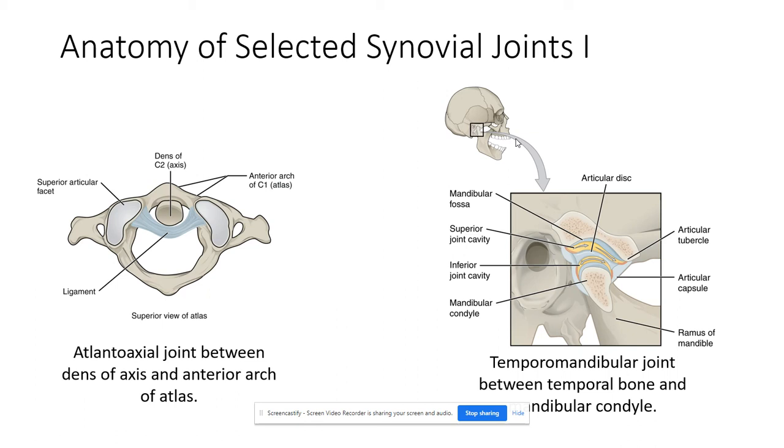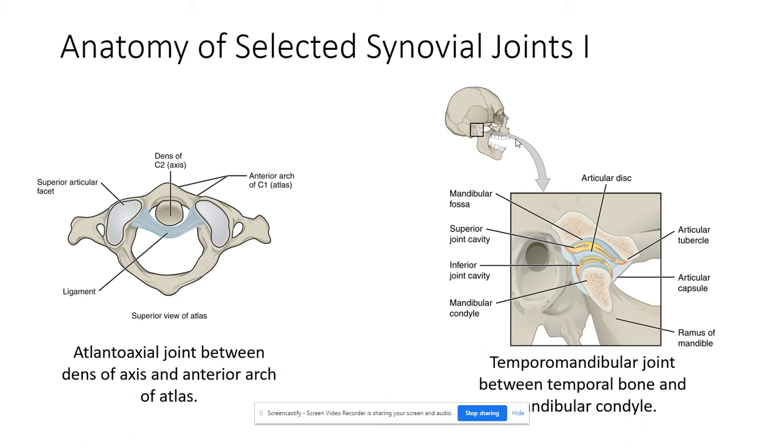The one here on the left is the atlantoaxial joint, which is located between the dens of the axis and the anterior arch. This particular joint allows us to move our head left and right, to nod your head yes, to shake your head no.